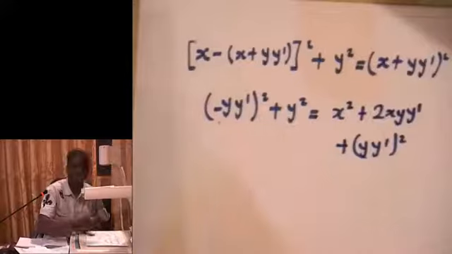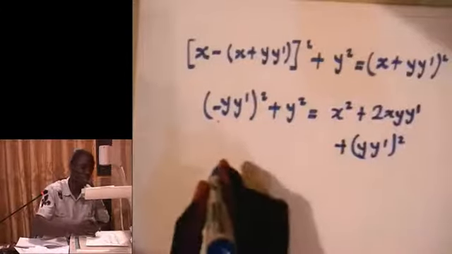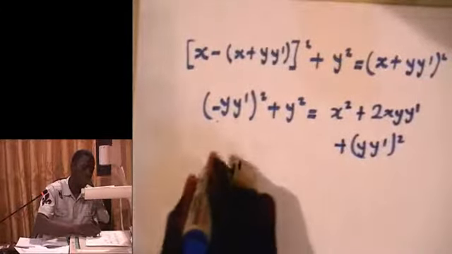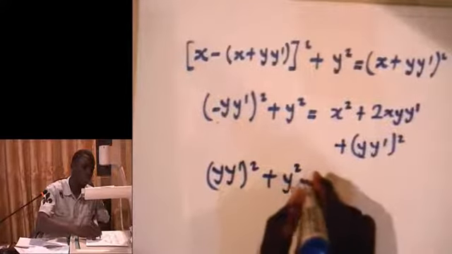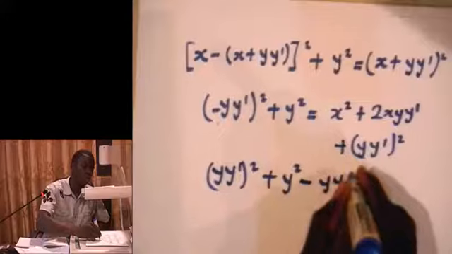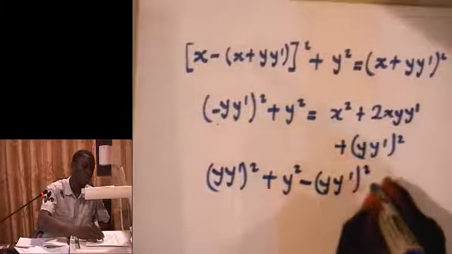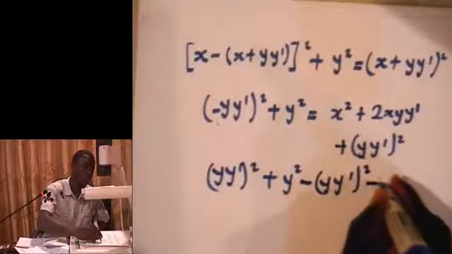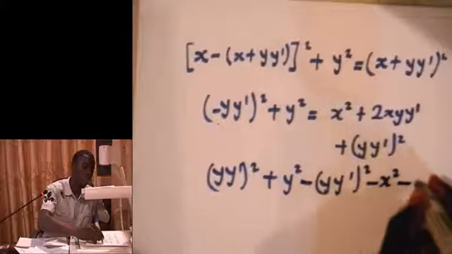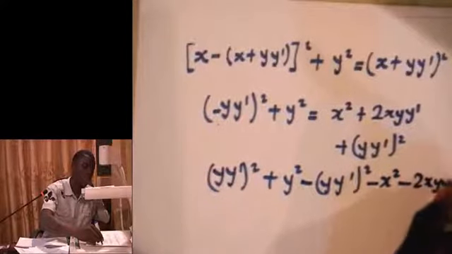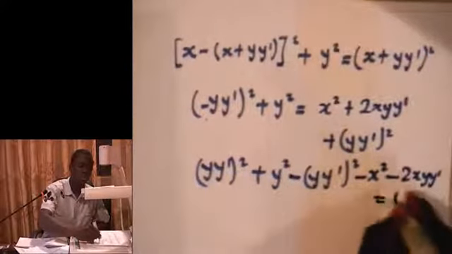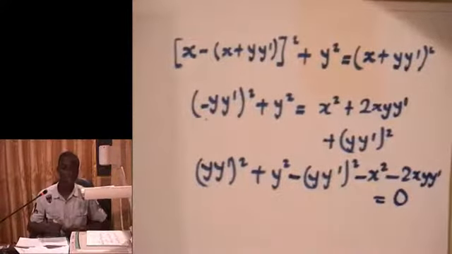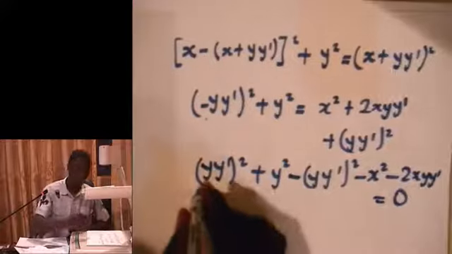So collecting like terms, we have (y y prime) squared plus y squared minus (y y prime) squared minus x squared minus 2x y y prime all equals 0. So this cancels out.